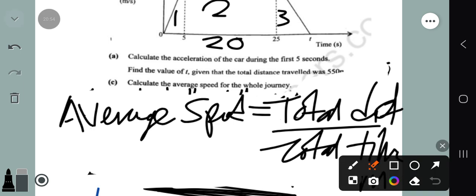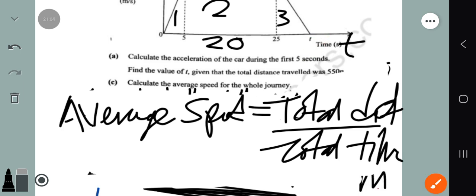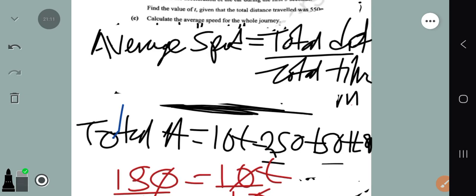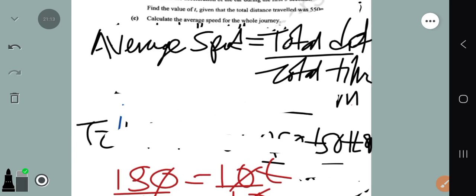So what is the total distance? 550. Total time is what? So from 0 to t. And t you have is what? 15 seconds. So t you found it to be what? 15 seconds. So now, let us find the average speed.